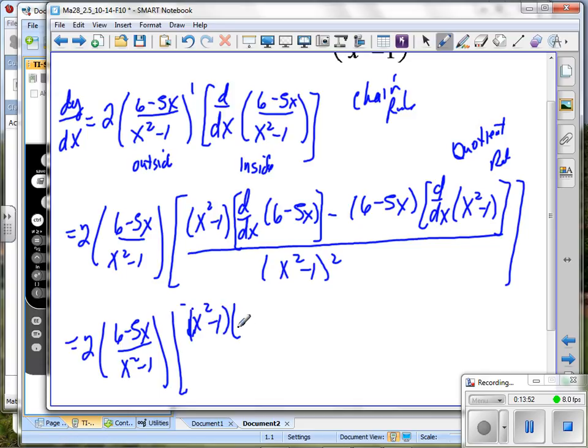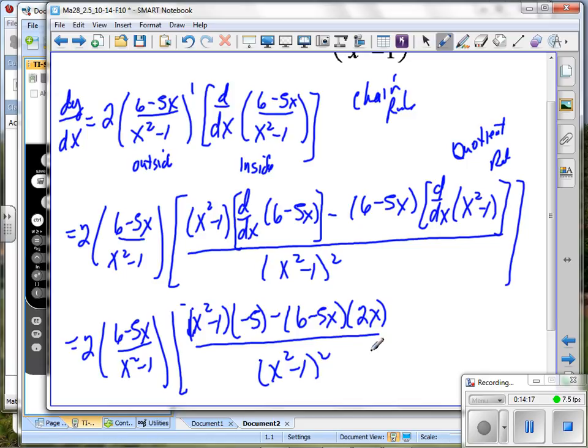Derivative of 6 minus 5x, negative 5. Okay, minus the 6 minus 5x. Derivative of x squared minus 1, 2x. All of it divided by x squared minus 1 quantity squared.